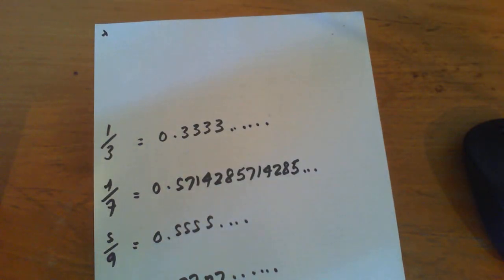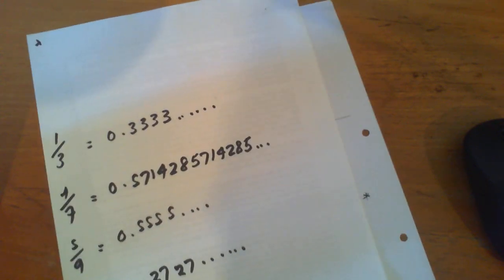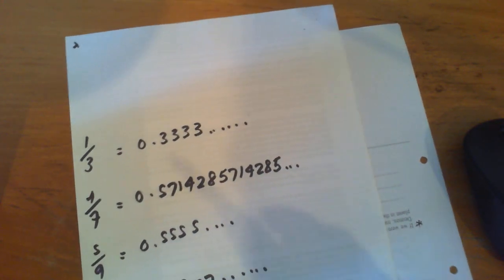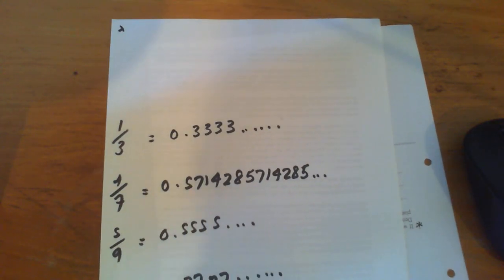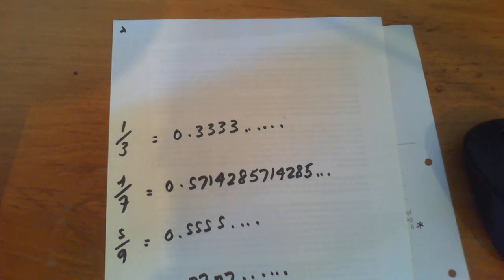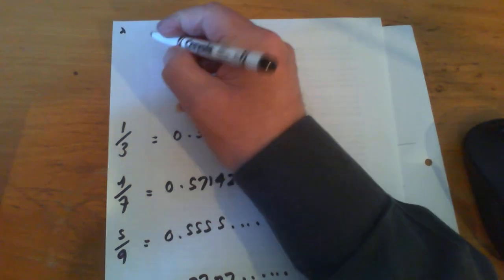Right, now go back here. When I'm considering the decimal form of a rational number, there are numbers that are exact.